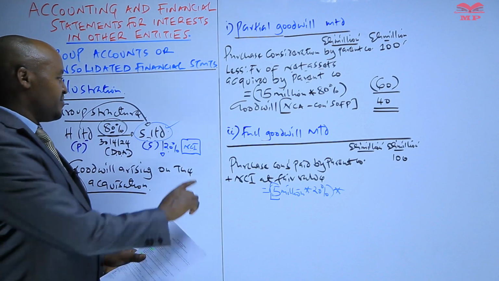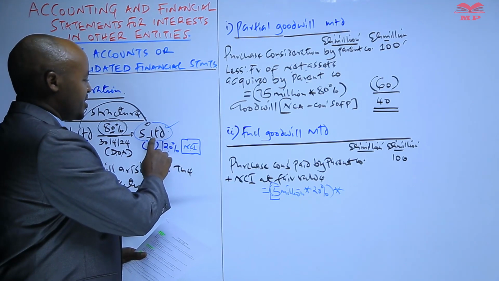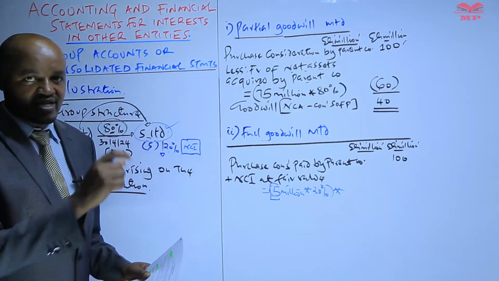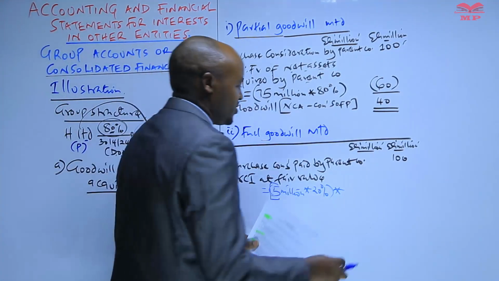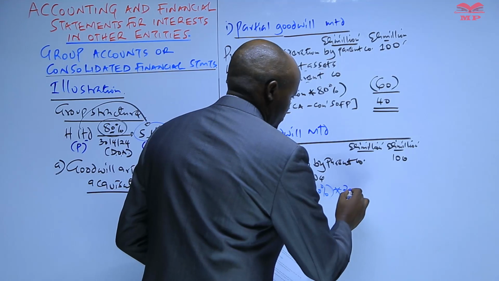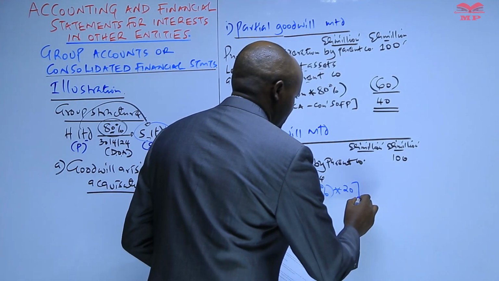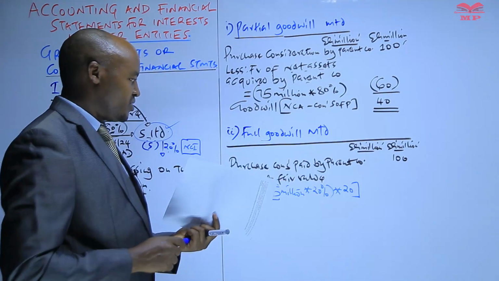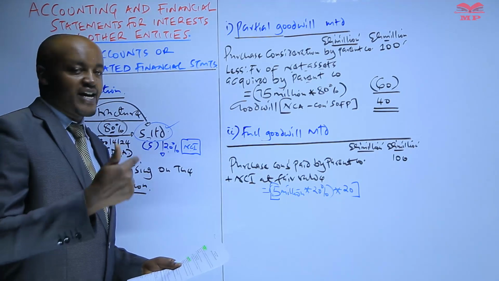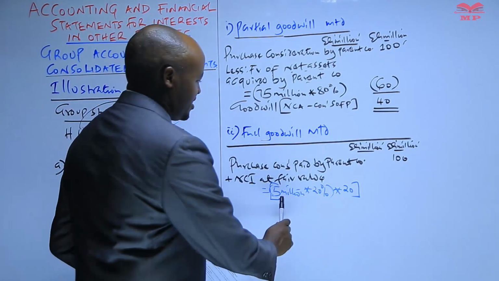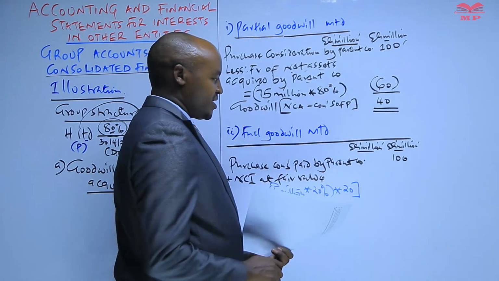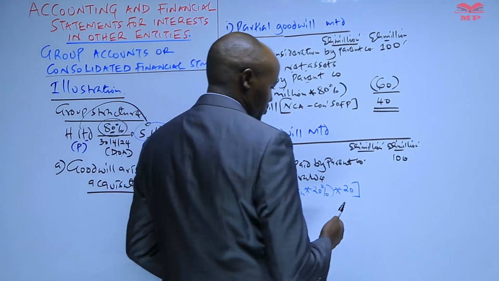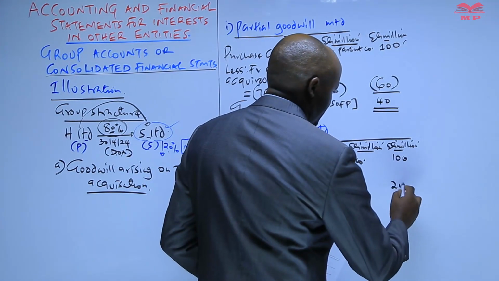So on the date of acquisition, the shares of this company were trading at a price of 20. They had a market price of 20. So we multiply that by 20 shillings per share, and this gives us the NCI at fair value. 20% of 5 million gives us 1 million, 1 million times 20, which gives us 20 million.